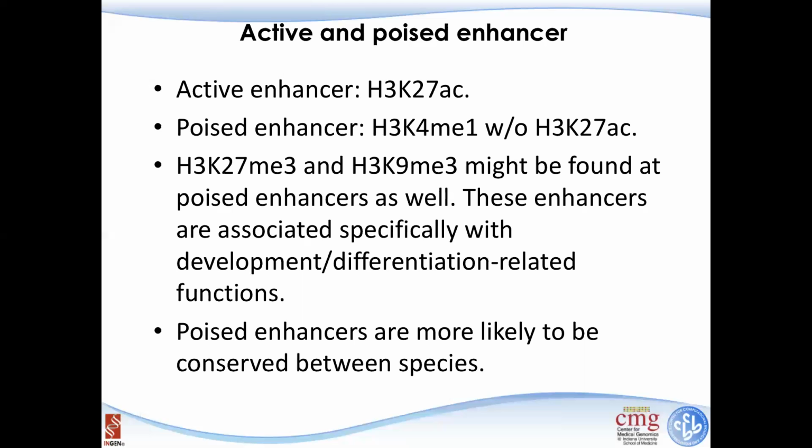Some people also claim that K27 trimethylation or K9 trimethylation may also be associated with poised enhancers. These enhancers are specially associated with the development of differential functions. And people found poised enhancers are more likely to be conserved between species.